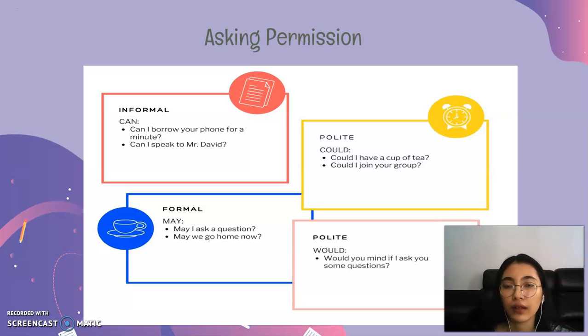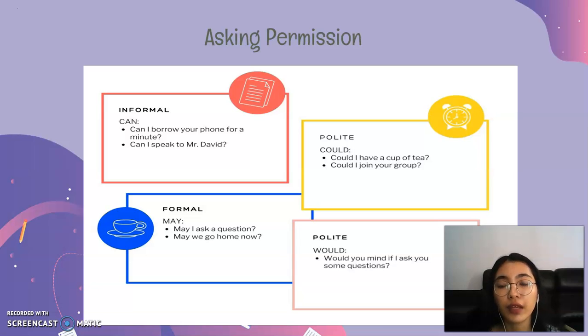And we are going to talk about how to ask permission. So when we want to ask something, we have different ways, right? Sometimes we ask with informal, polite, or formal language.